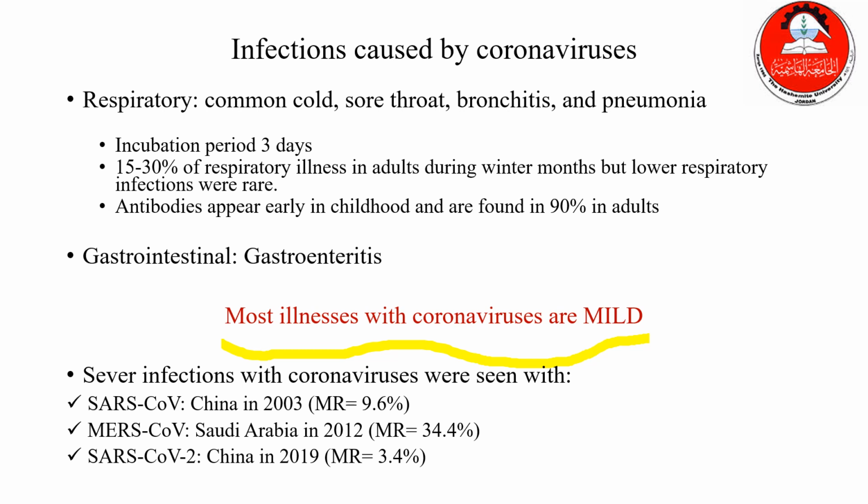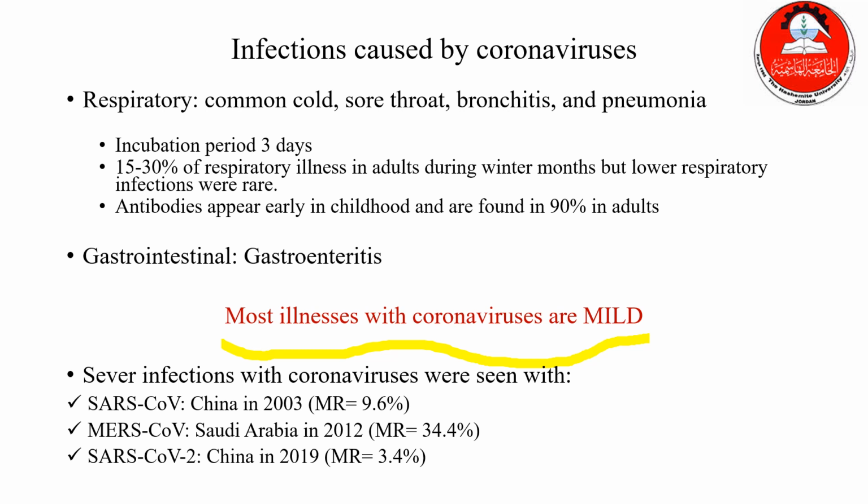Severe infections with coronaviruses were seen with SARS-CoV, which emerged first in 2003 in China and had a mortality rate of 9.6%. We've also seen another more virulent strain which jumped across species, MERS-CoV, whose first case emerged in 2012 in Saudi Arabia, and it had a very high mortality rate, about 34.4%.